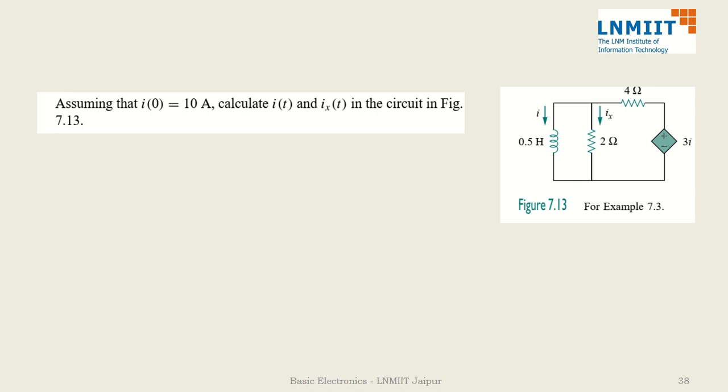Look at this circuit. When you try to calculate the equivalent resistance across the inductor, there is a 3I dependent voltage source whose resistance we cannot find. So how do I find the equivalent resistance across the inductor? There are two ways.